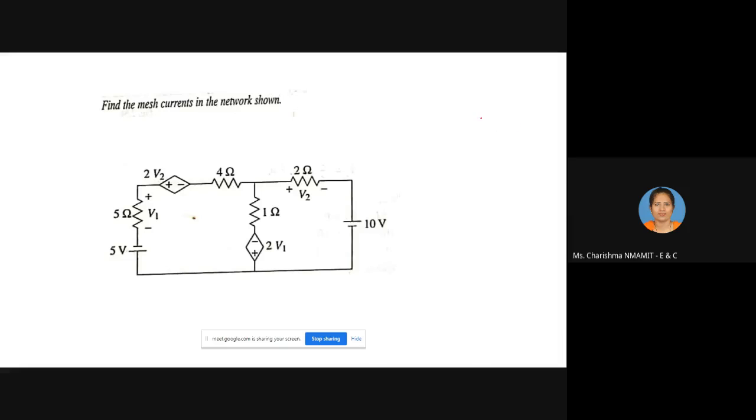Here you have two voltage dependent voltage sources.